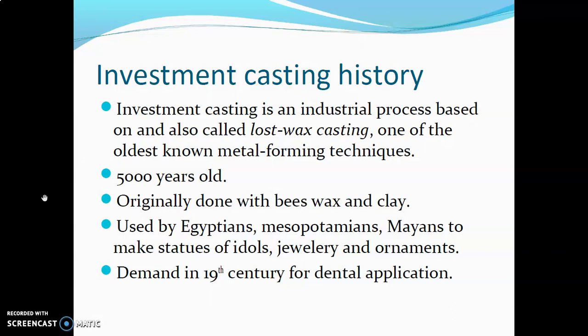Basically it was used 5,000 years ago, originally done with beeswax and clay. They used two different materials, beeswax or clay, used by the Egyptians to make idols, jewelry, ornaments. In the 19th century, it was used for dental applications. So it's a little bit of history about investment casting.